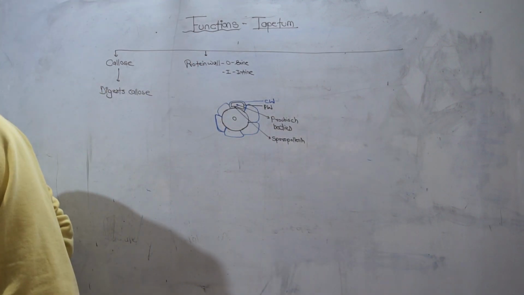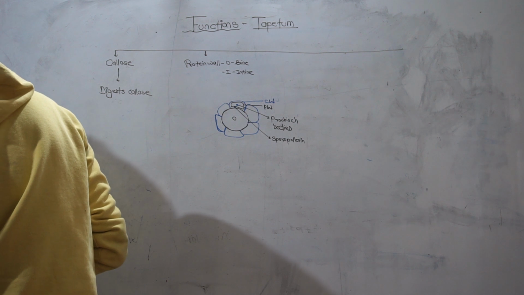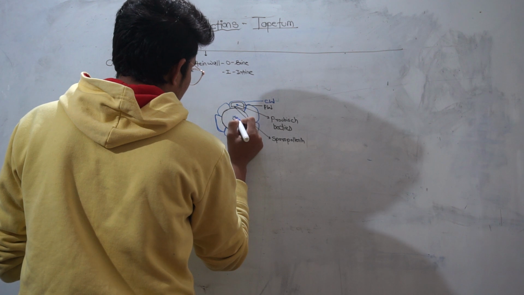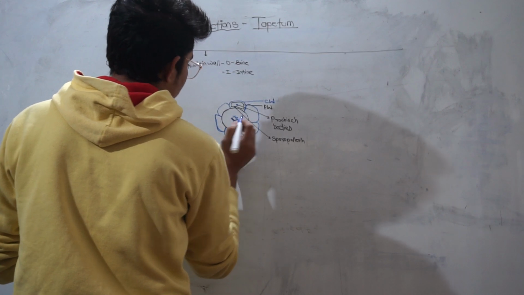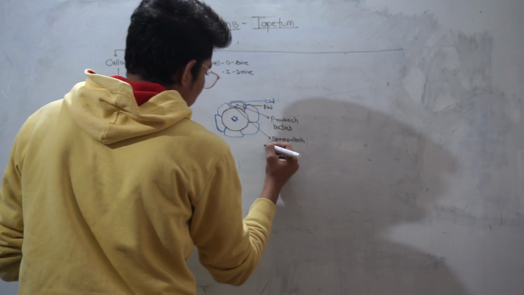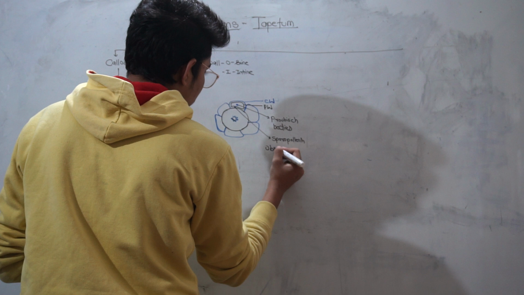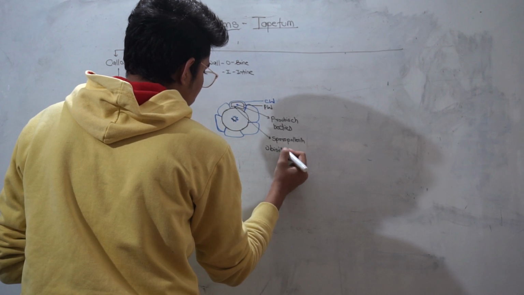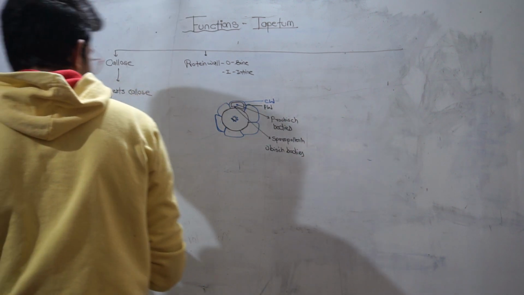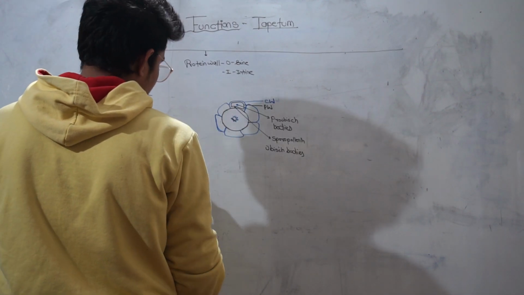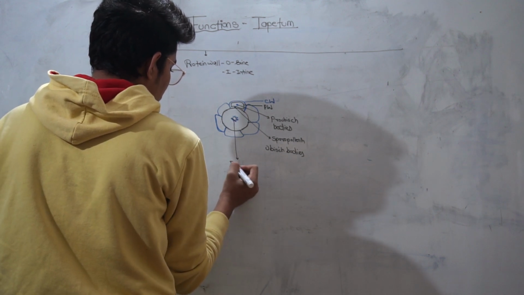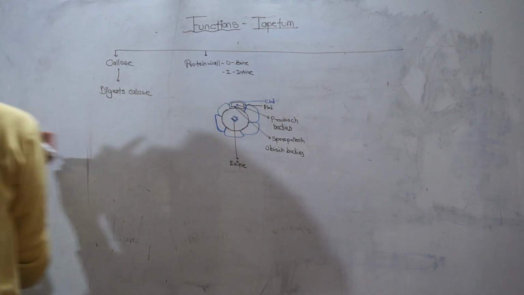And when it comes inside here, then this condition is called Jewish body. And this wall is known as exine wall.